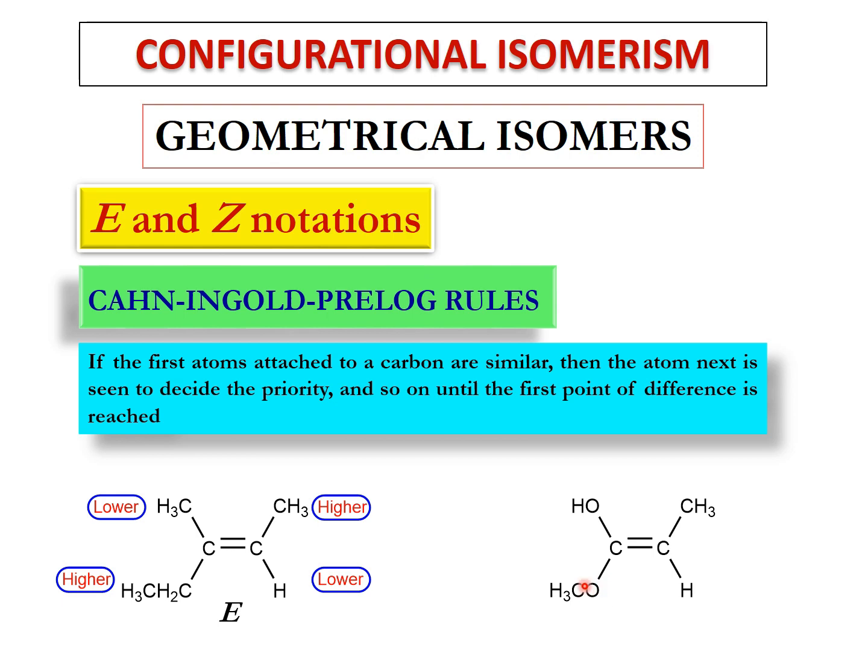Carbon, having a higher atomic number than hydrogen, will have a higher priority, and OH will have a lower priority. On the right hand side, carbon has a higher priority as compared to hydrogen. So again, the higher priority groups are on opposite sides. That is why it is an E isomer of the molecule.